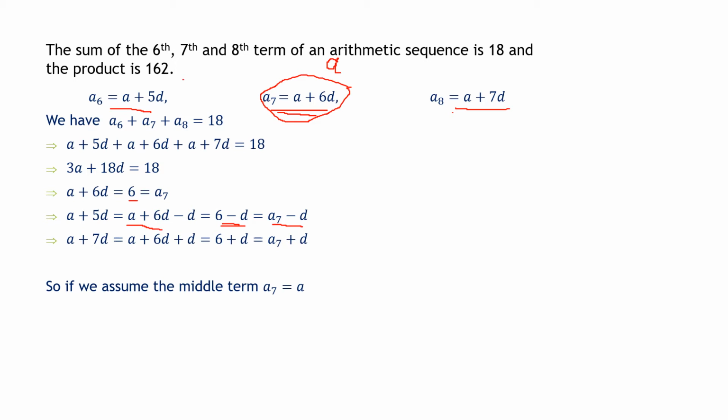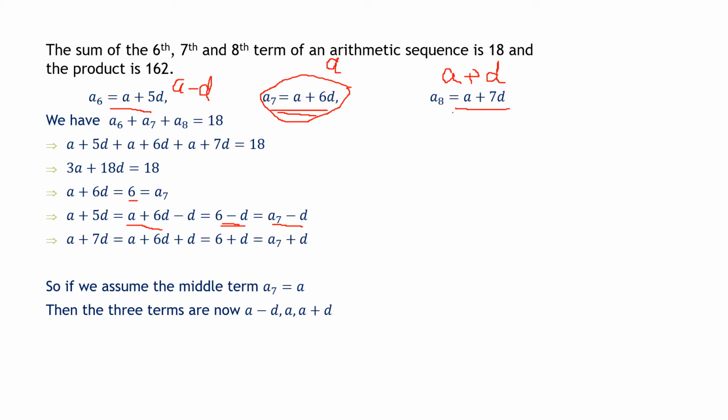So the previous term will become a minus d and the consecutive term will become a plus d. The three terms can now be written as a minus d, a and a plus d.